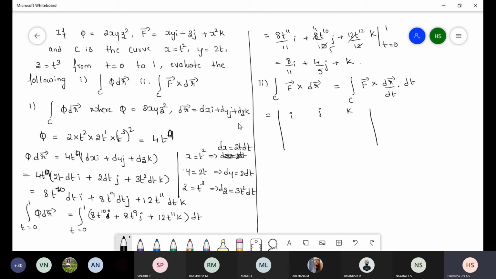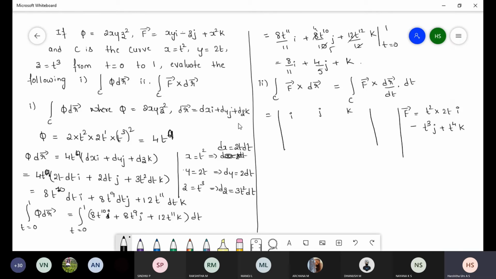What is our vector f? First we have to write the vector f value. Vector f is equal to x value t square, y value 2t I, next minus t cube j plus t power 4 k.